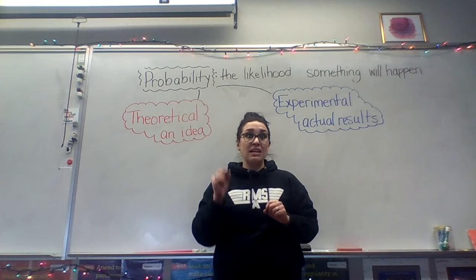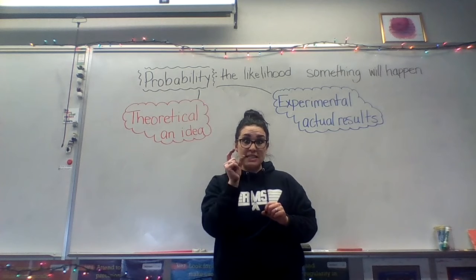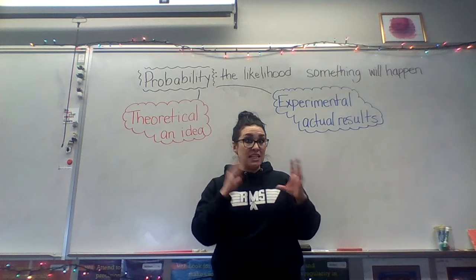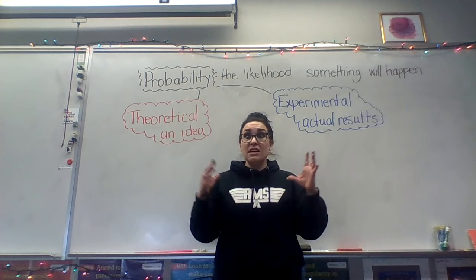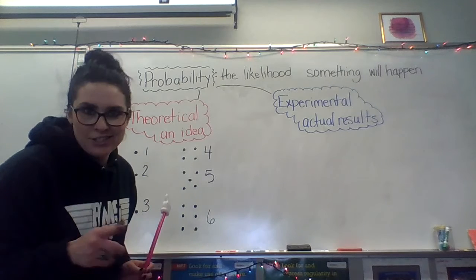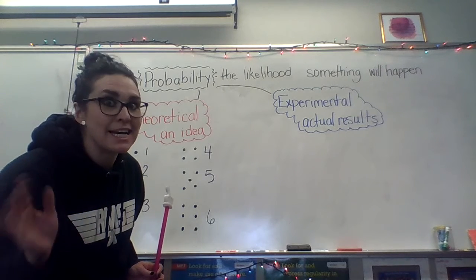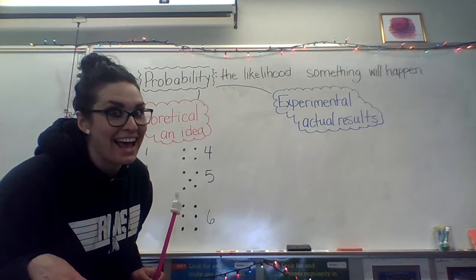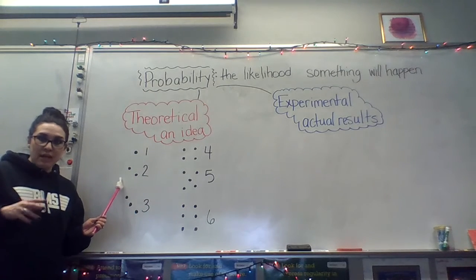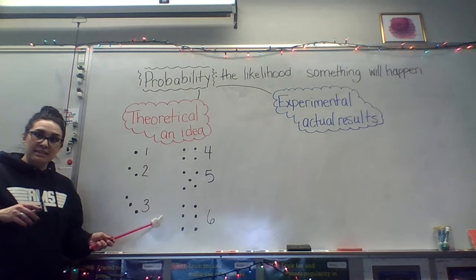Let's think of a die, just one little 6-sided die. There are 6 different numbers on that die. Let's write those numbers down. Let's pretend we have a die, and just a little preview, we're doing this for real in class, so stay tuned. We have 1, which is one dot, 2, 3, 4, 5, and 6.